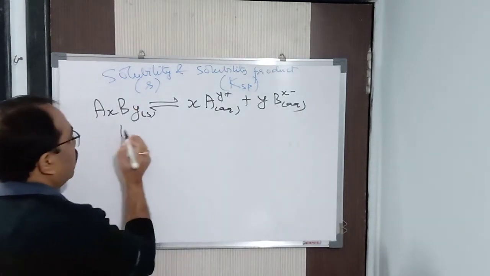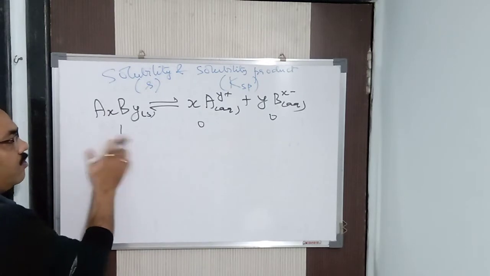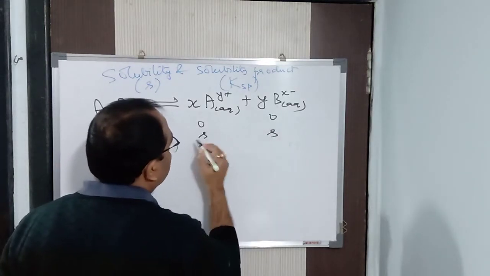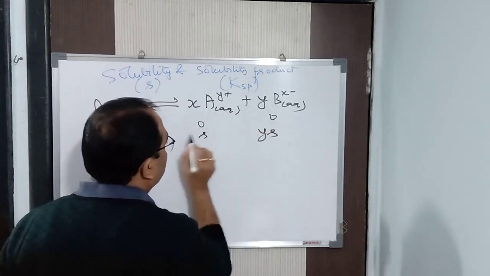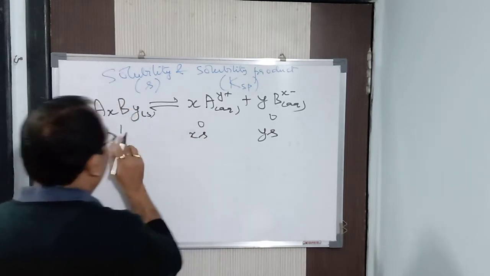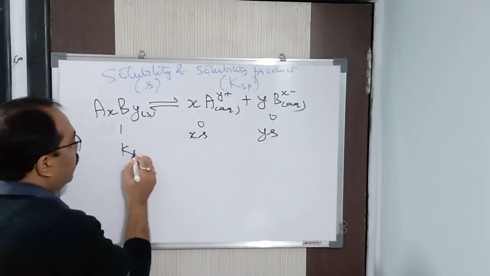So its concentration remains 1, and these are 0 and 0 initially, as the initial number of moles. Now let us say the solubility is S. So this is xS and this is yS, and this will be 1 only, because it is solid. Now KSP is what?